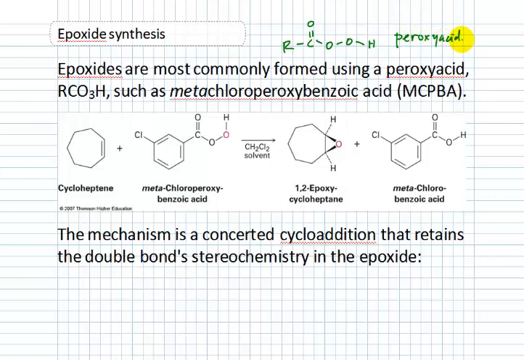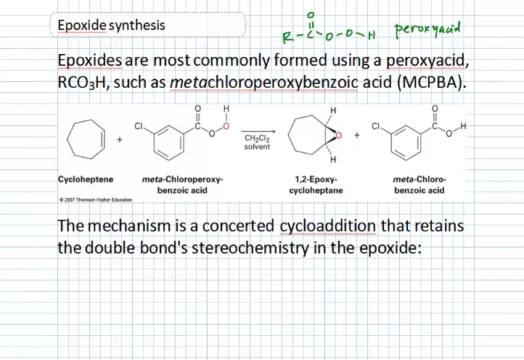And MCPBA, metachloroperoxybenzoic acid, right? Here's a chlorine meta on this ring. Regular benzoic acid would be COOH. This is peroxybenzoic acid with the 2 O's in there, right? So what that does is, here's our starting material, just an alkene. It places an epoxide over the 2 carbons of the alkene.